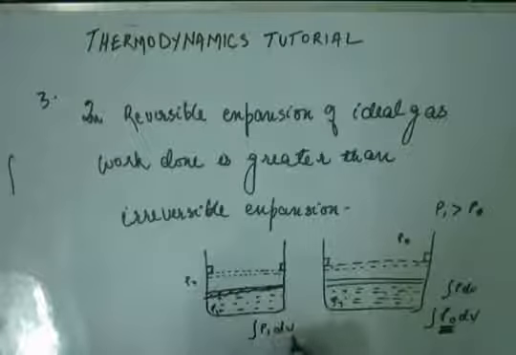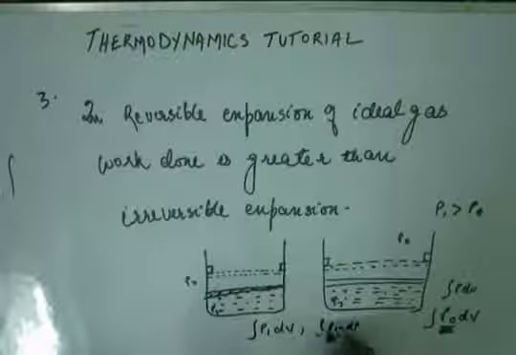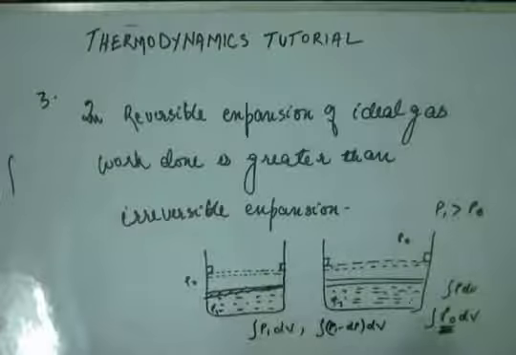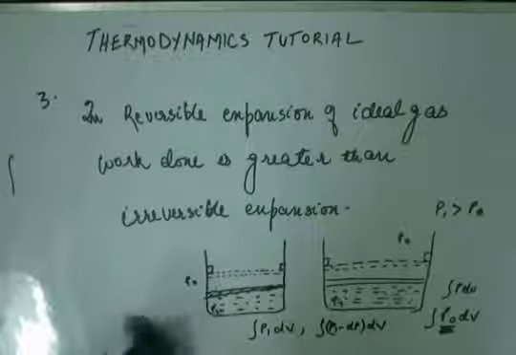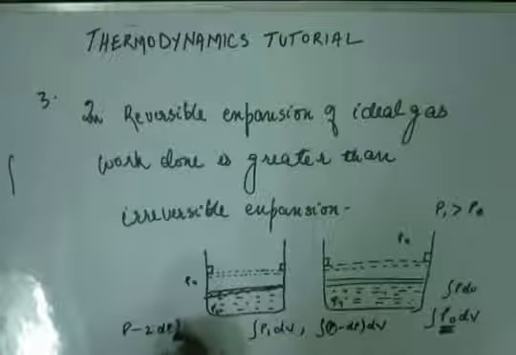So P1 dV is the work for a small change in volume. The next small work done will be P1 minus dP, a very small pressure decreased from P1, into dV. The next small work done will be P1 minus 2 dP into dV.